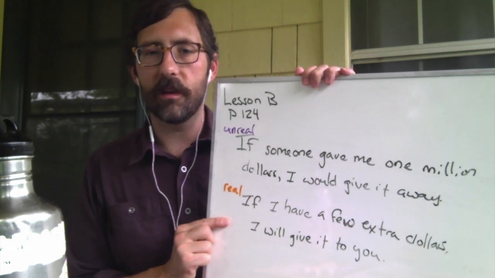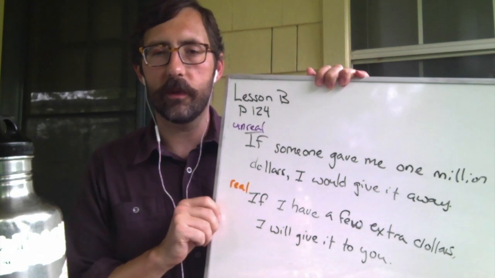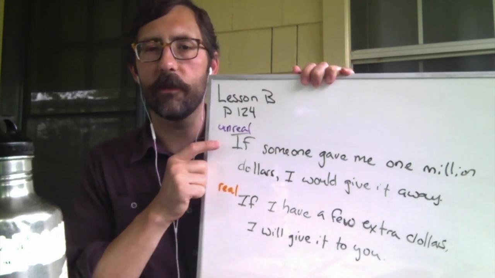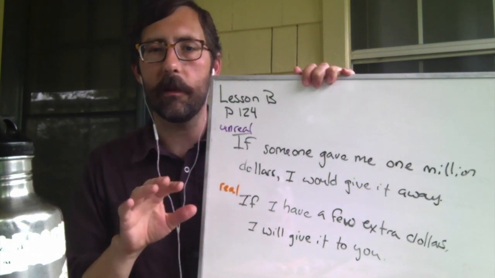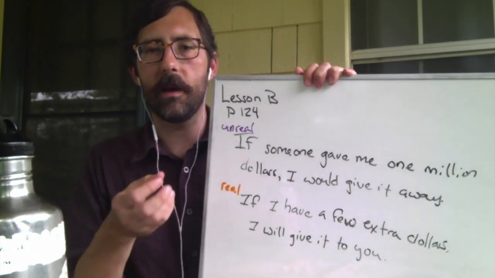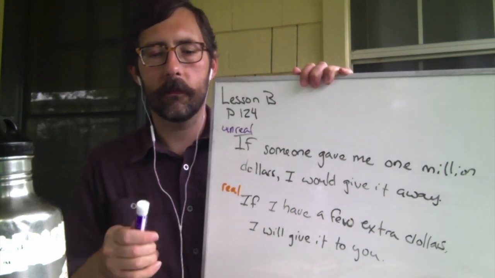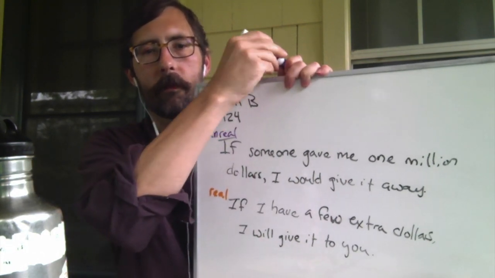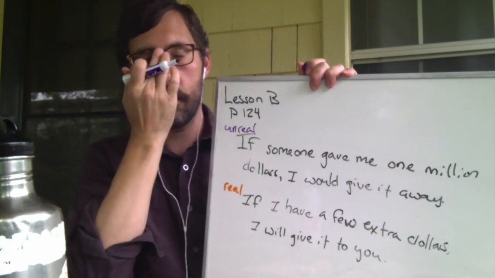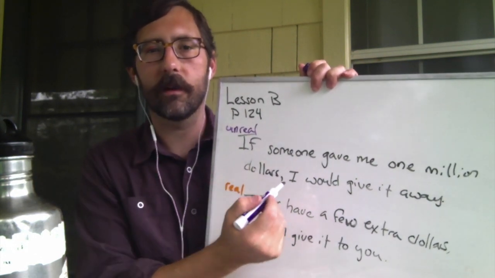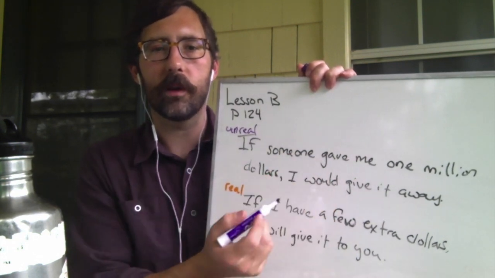Take a second, see what is different about this sentence from this sentence in the grammar, in the way that it is made. Ready? All right. Let's look at our if clause. If someone gave me $1 million.